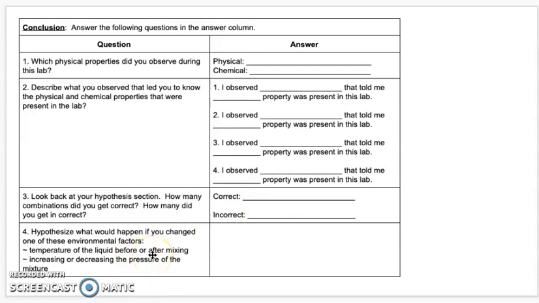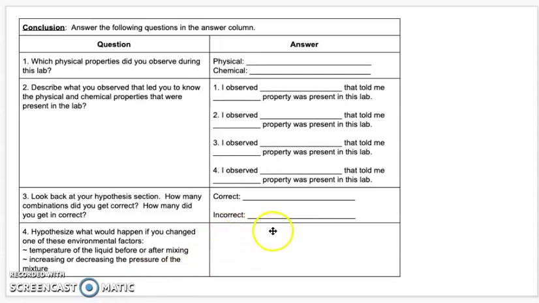Then we're all talking about our environment, right, for our anchor project. So we need to hypothesize what would happen if you changed one of these environmental factors for this exact same lab. So maybe you are going to change the temperature of the liquids before or after mixing, make them hotter or colder. Maybe you're going to increase or decrease the pressure of the mixture. So you've already mixed and you're going to squeeze it or you're going to stretch it. What do you think would happen?